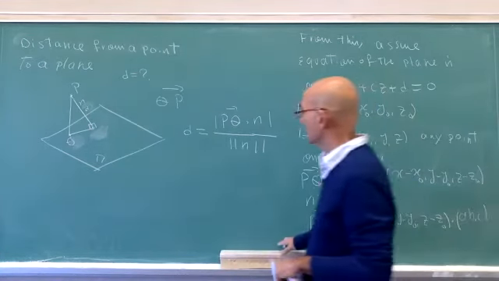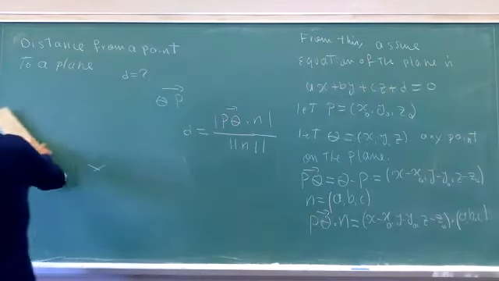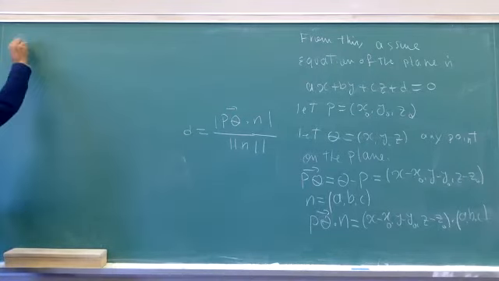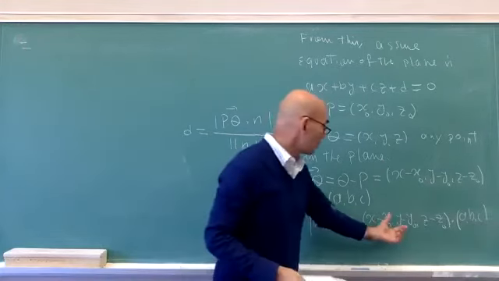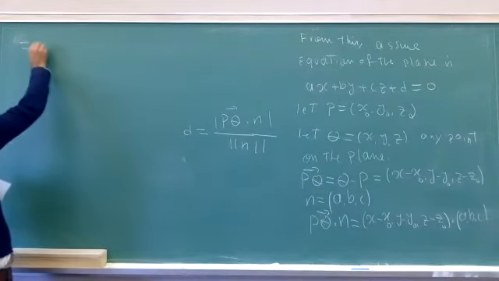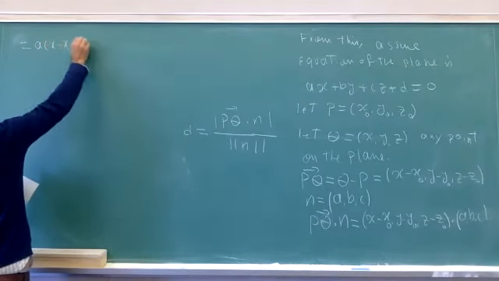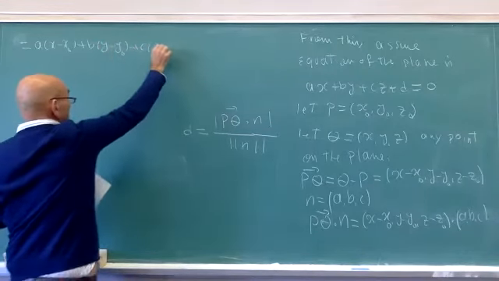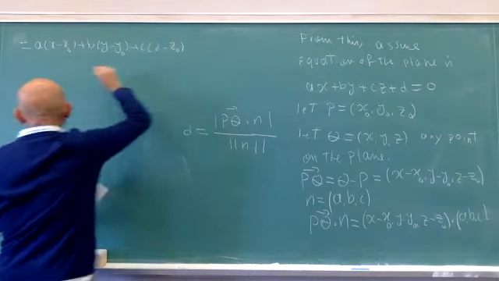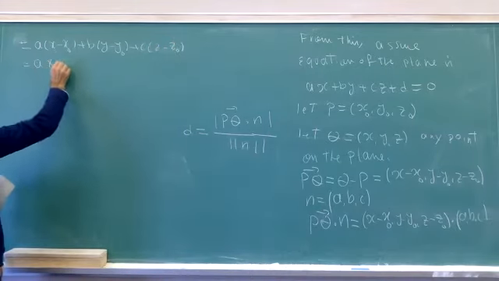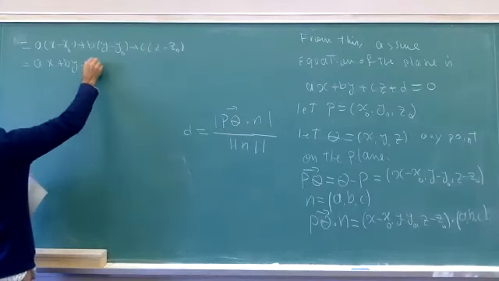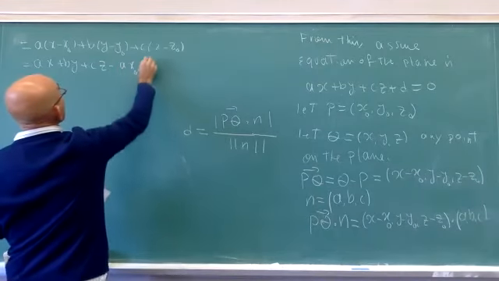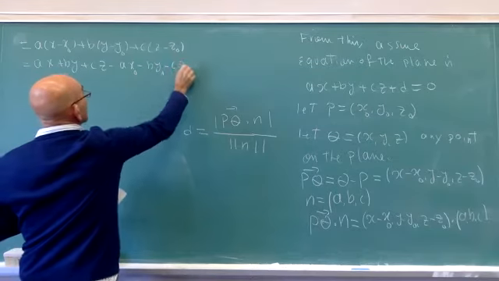So let's compute that. This is equal to a times x minus x0 plus b times y minus y0 plus c times z minus z0. So that's equal to ax plus by plus cz minus ax0 minus by0 minus cz0.